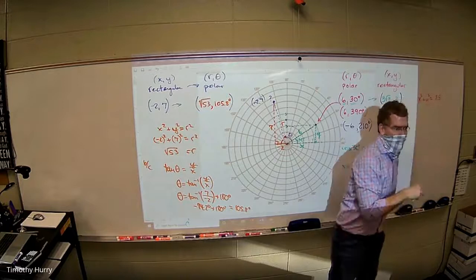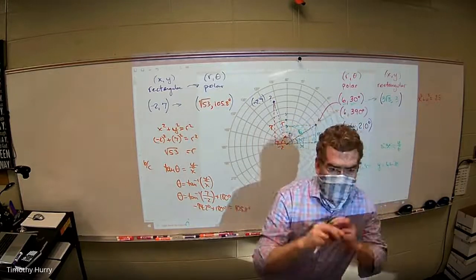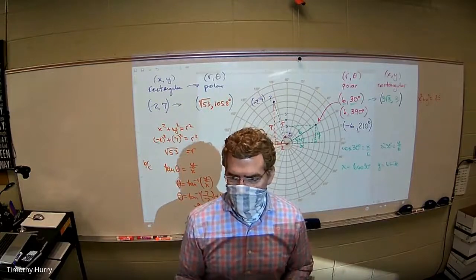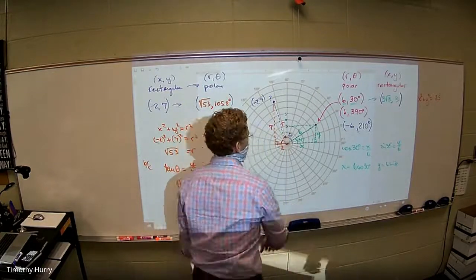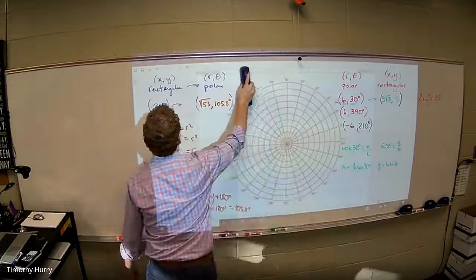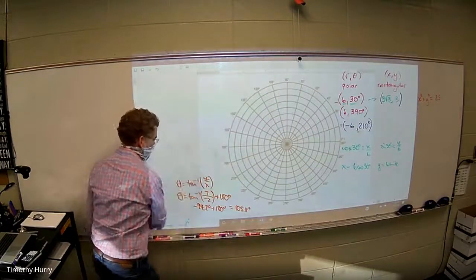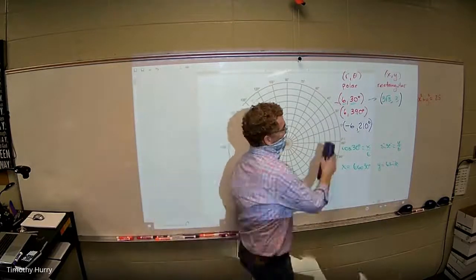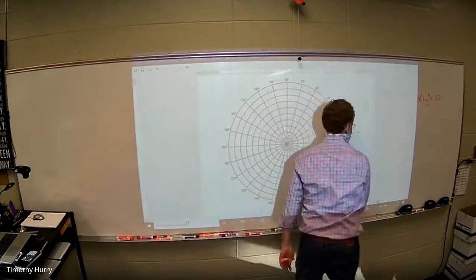How do I turn that into an equation that doesn't have x and y anymore, but just has r's and thetas? So what I want you to do is think, right now, what do you know? What are the things that I have written down so far that you have used to convert? I've written down some statements, and you've used them.